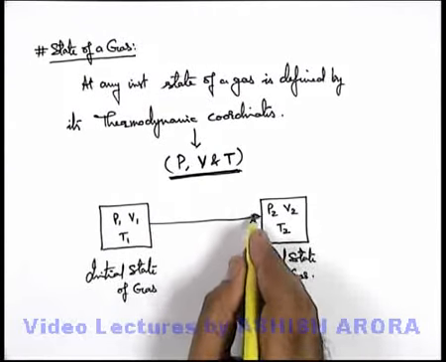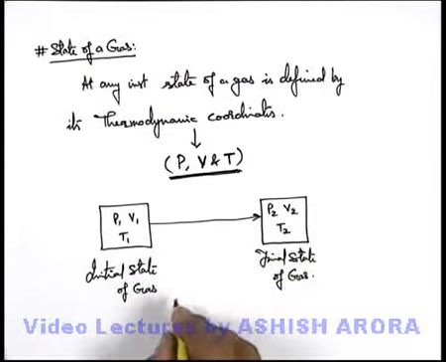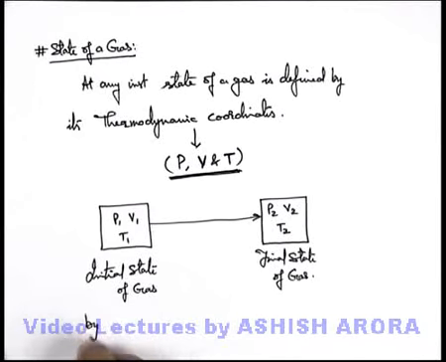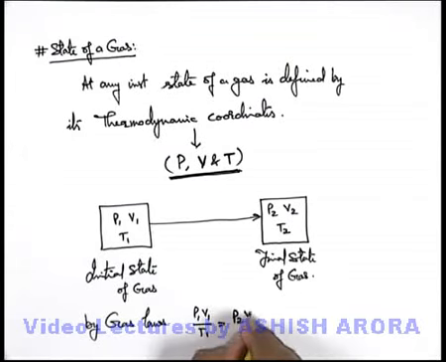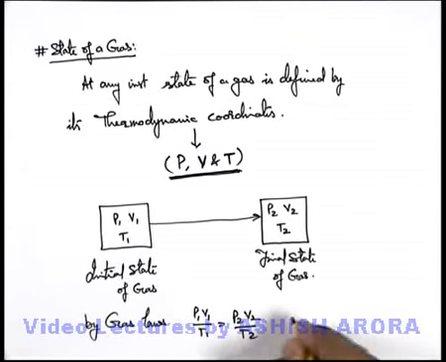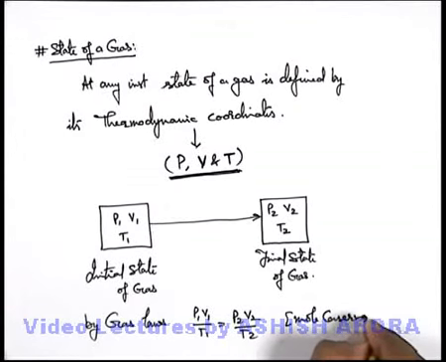Then between the two states, by gas laws, if the total number of moles is conserved, we can use P1 V1 by T1 equals P2 V2 by T2. That is just a relation of mole conservation, if no leakage of moles is taking place in the situation.